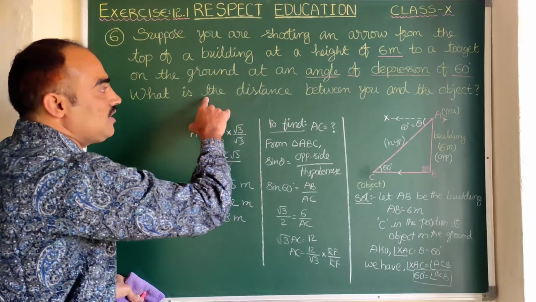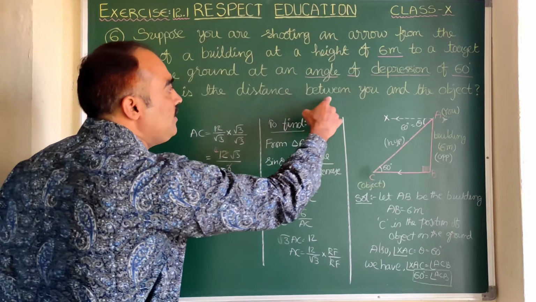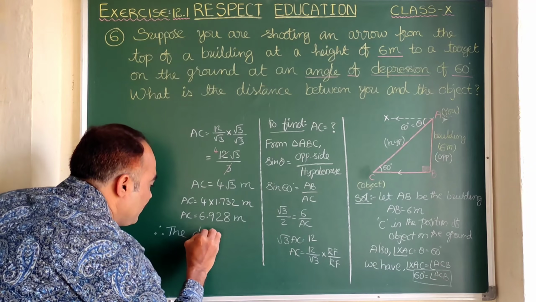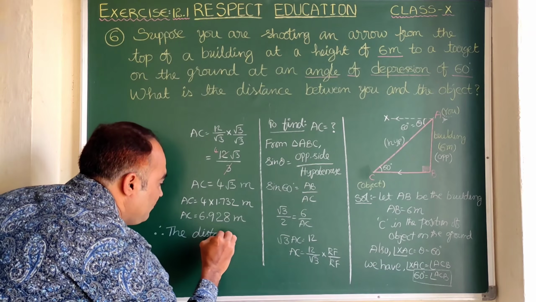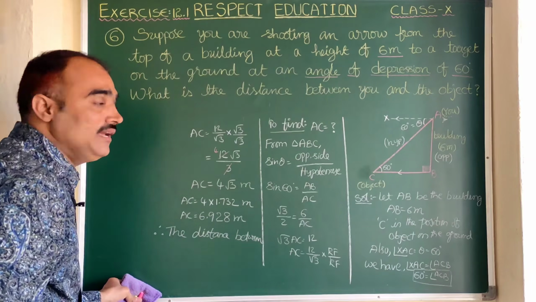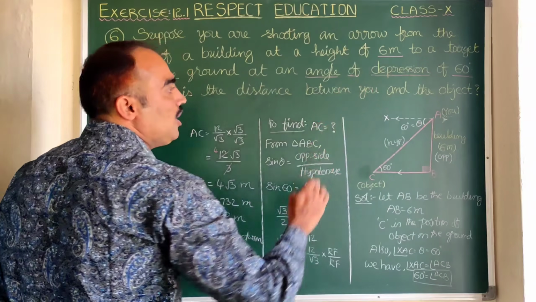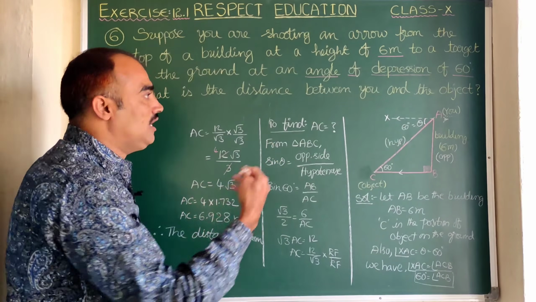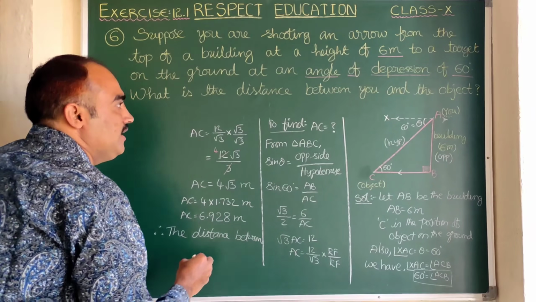So let us write the conclusion. Therefore, what is the distance between you and the object? Let us start the answer here. The distance between the object and the person. Here we should not write you and the object, because here you means the question refers to us.